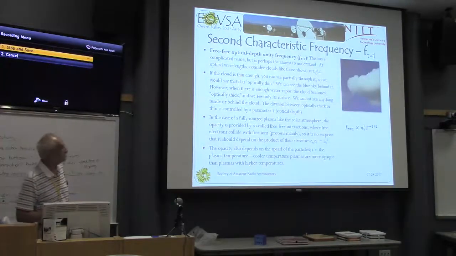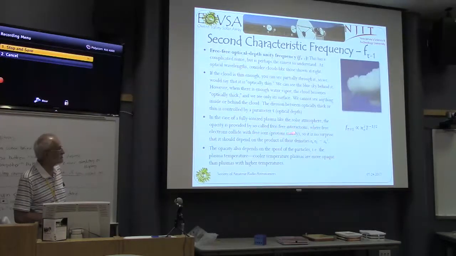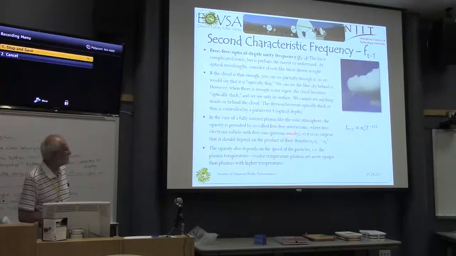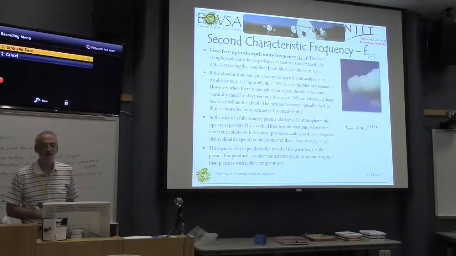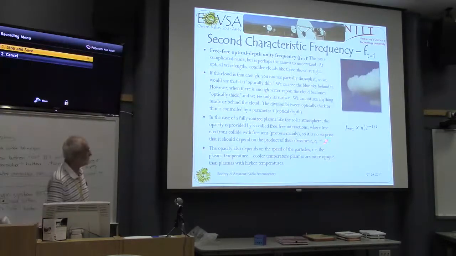In the case of a fully ionized plasma like the solar atmosphere, the opacity is provided by free-free interactions. That means a free electron collides with free ions, which are mainly protons. Because it depends on the number of electrons and the number of ions, it actually goes with density squared, since the number of ions is basically the same as the number of electrons.